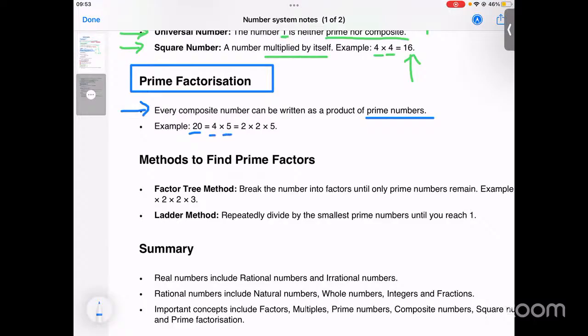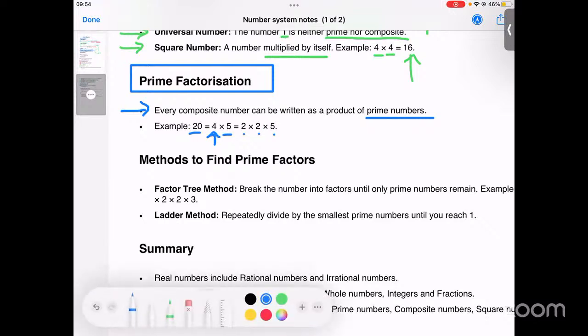That is equal to 20. And then we expand on that 4, where we therefore say that 4 is the same as 2 times 2, and we also have that 5.